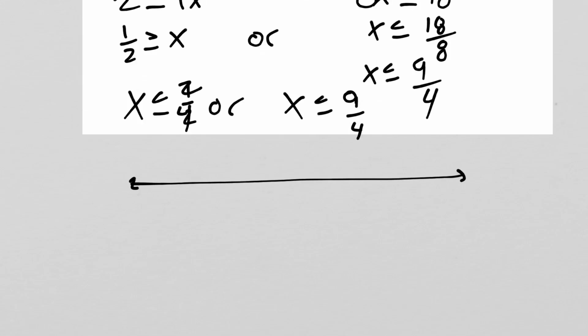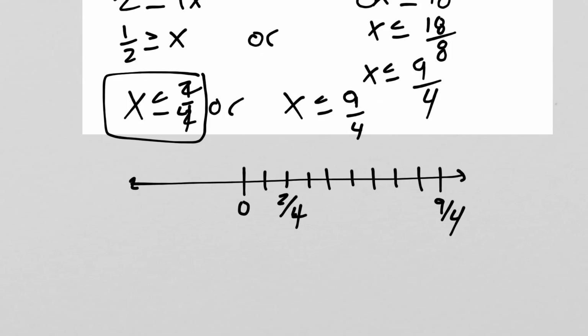Well, think about where those numbers are on the number line. Let's say here's 0, and then let's go up by fourths. 1/4, 2/4, 3/4, 4/4, 5/4, 6/4, 7/4, 8/4, 9/4. There's 9/4. There's 2/4. There's all the other numbers in between.